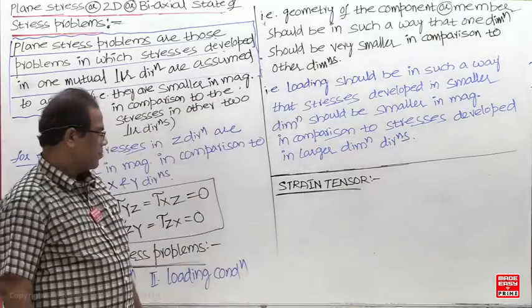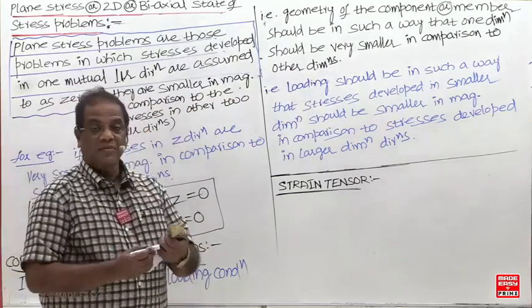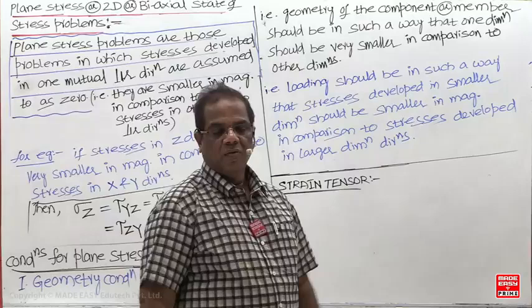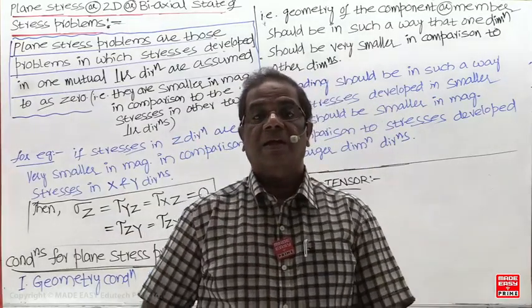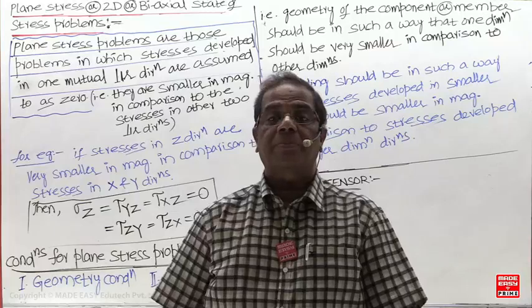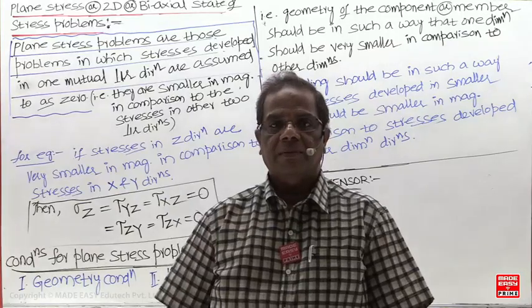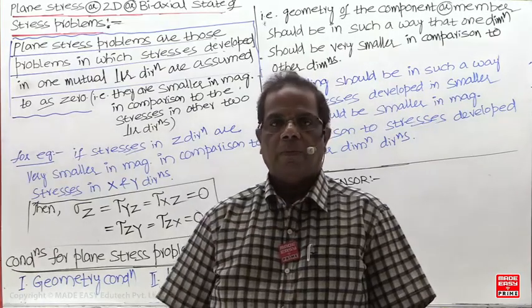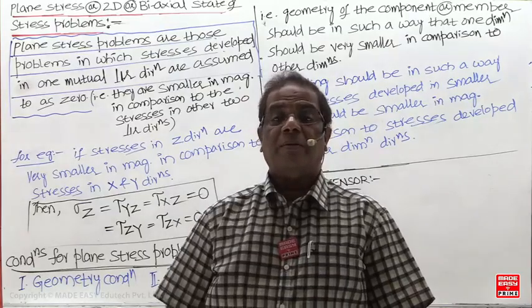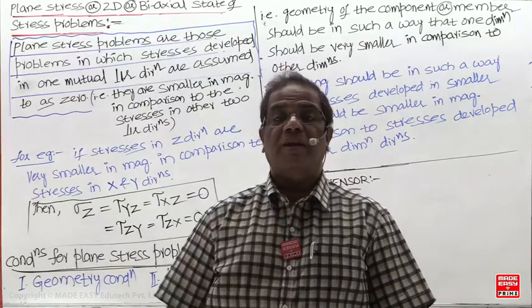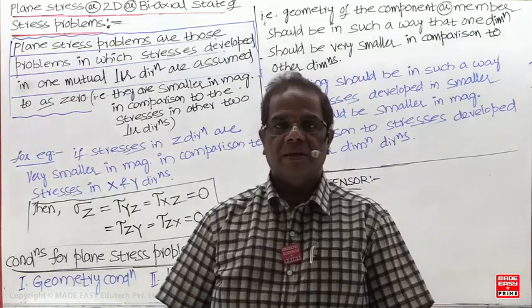Strain tensor. As per your syllabus, you have only stress analysis. What you studied on the first day: stress is determined theoretically, while strain is determined experimentally. Strength of materials is a theoretical subject. But we want to determine the strain theoretically, so we need the elastic constants.